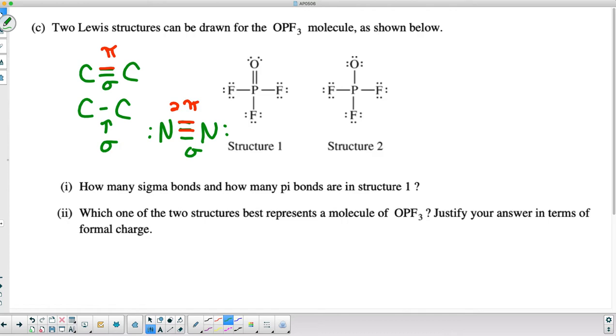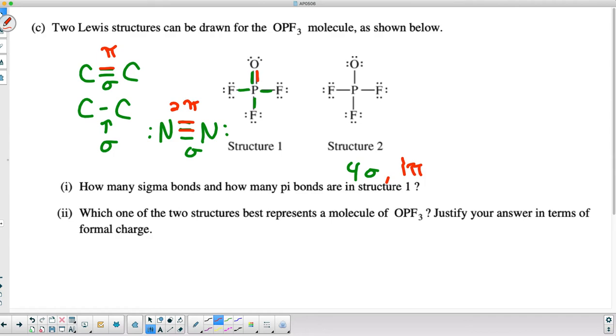So in this case here, I have 1, 2, 3, 4 sigma bonds and one pi bond. Okay, so what do I have? I have 4 sigma and 1 pi. That's the answer to that one.